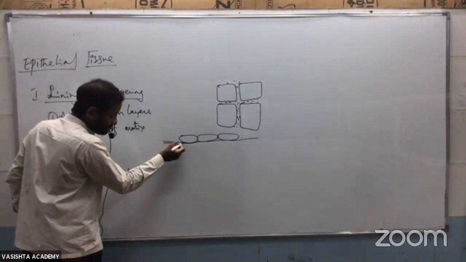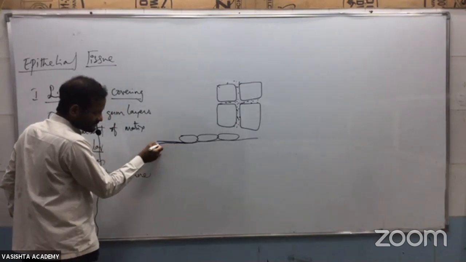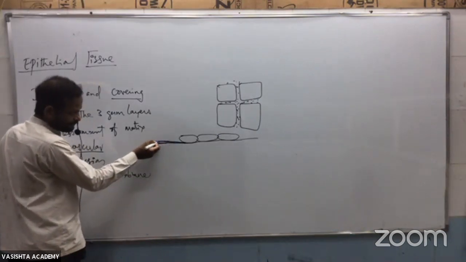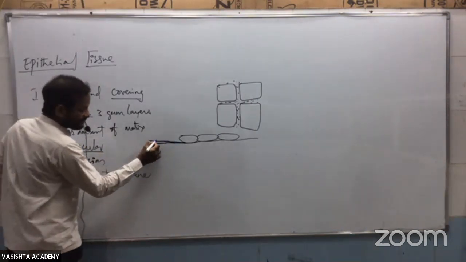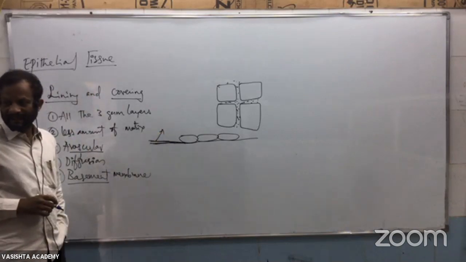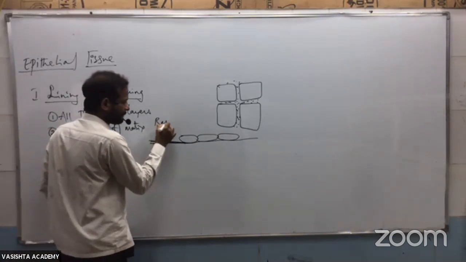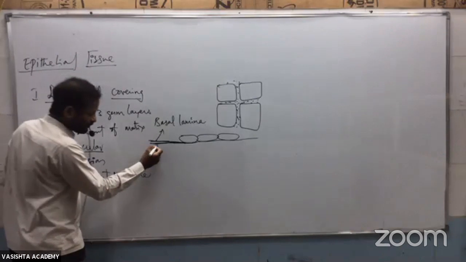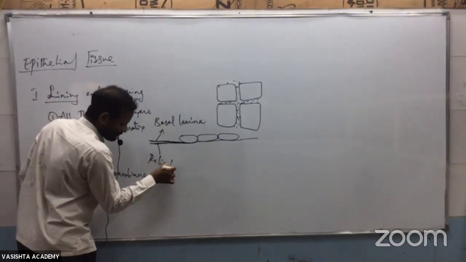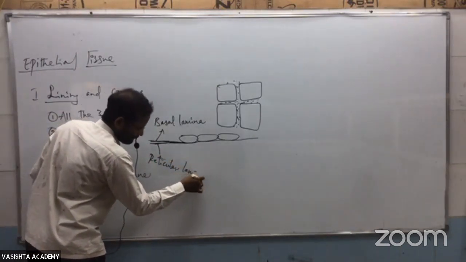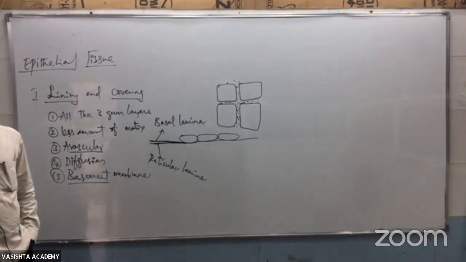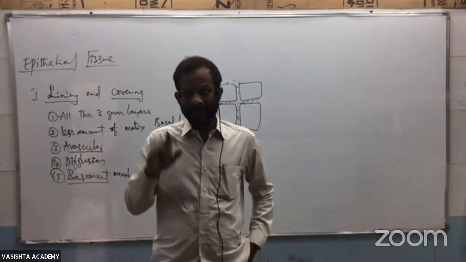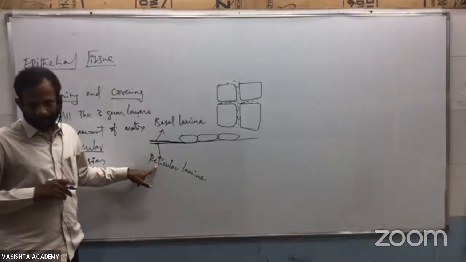The basement membrane has two layers. I am dividing that membrane into two layers. See, the upper layer is called the basal lamina. The lower one is called the reticular lamina. So lamina means layer. Basal lamina, reticular lamina.